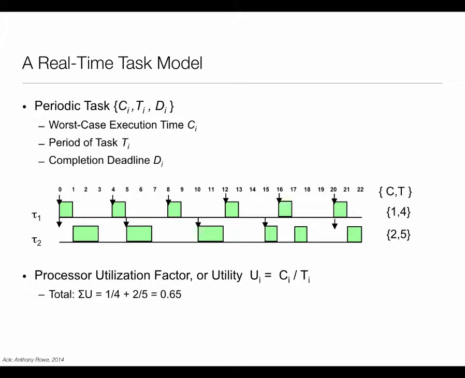If I look at a task with computation time Ci and period Ti, that means every time Ti, it needs CPU time Ci. So that basically means it needs Ci over Ti fraction of the CPU. If none of the other constraints were there, for me to just run the task, I need this amount of the CPU. And then you can talk about the total processor utilization.